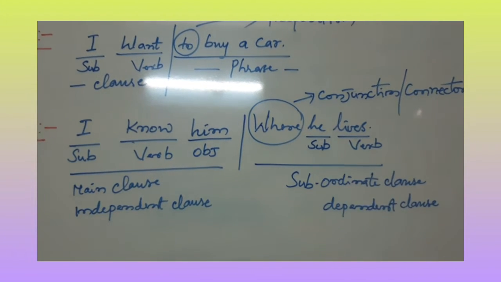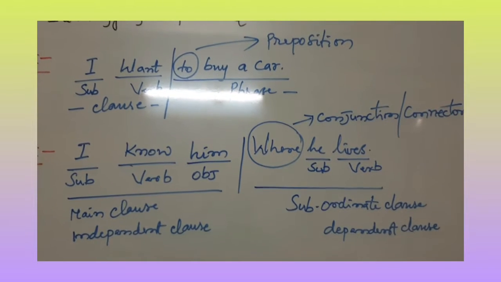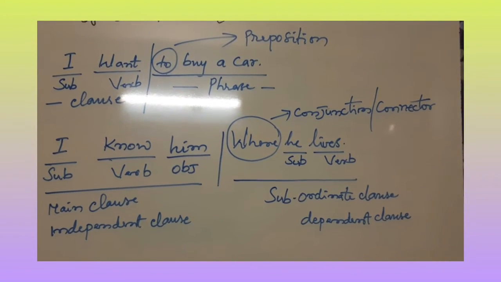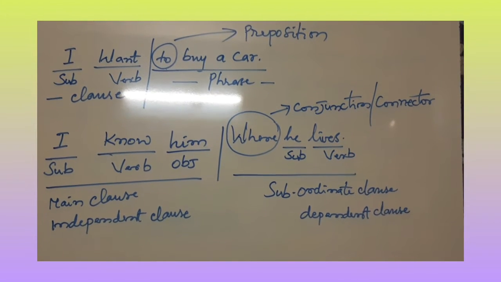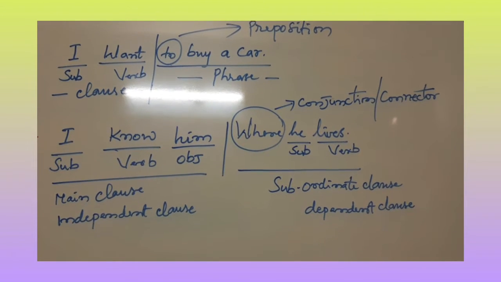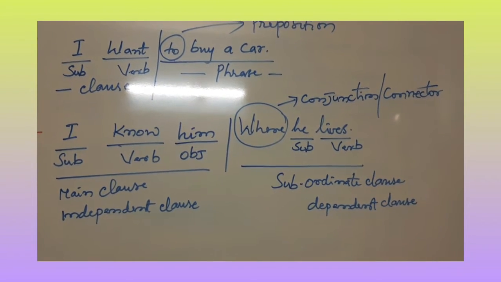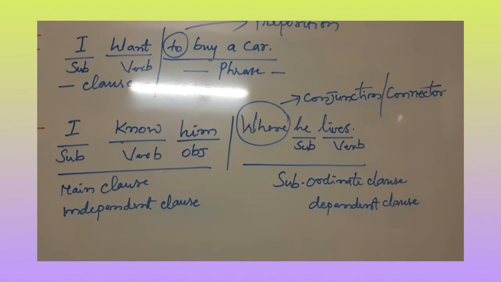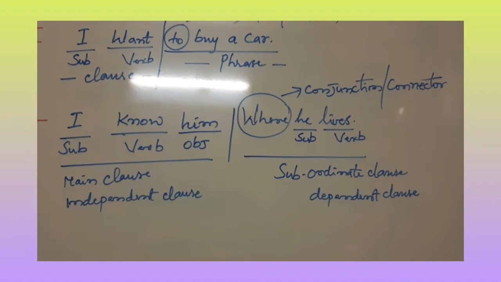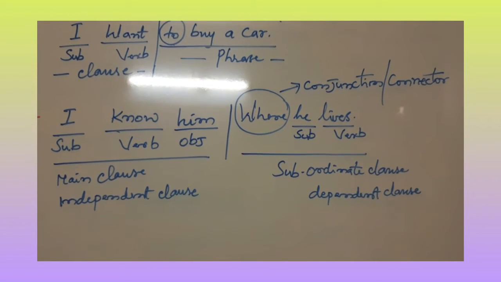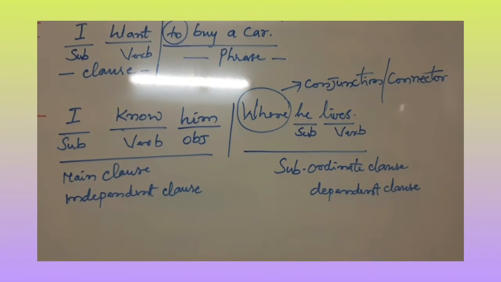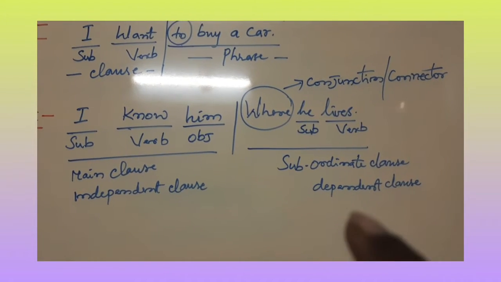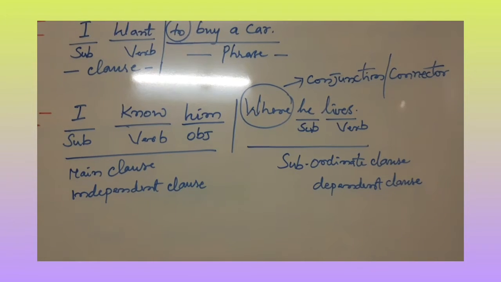So immediately you can see where. What is this where? It is a conjunction, a connector, a linker. We know that a conjunction is a word that connects two words, two phrases, two clauses, two sentences. So here, where is a connector. So main clause, subordinate clause, we call it a complex sentence.